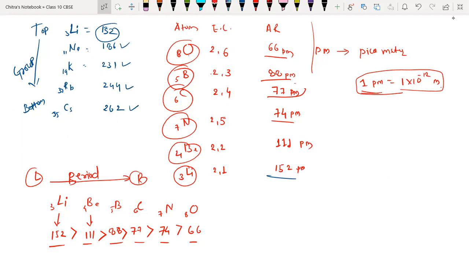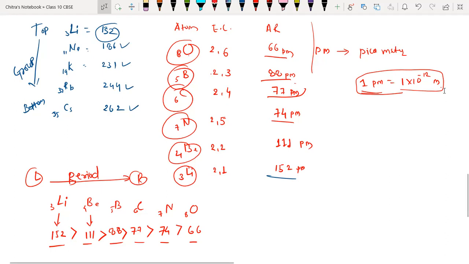Is it clear to everyone? Yes, sir. This is due to the addition of a new shell all the time for having the next new electron there. That's why new shells are being added when we are moving top to bottom.